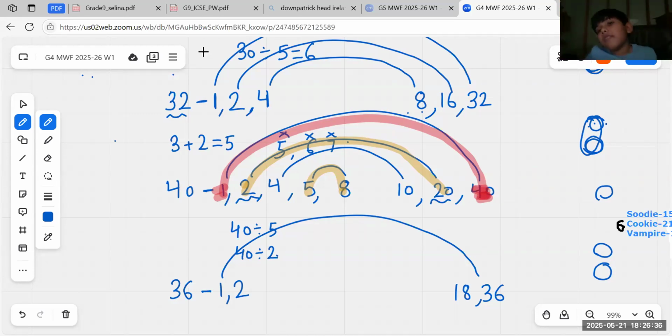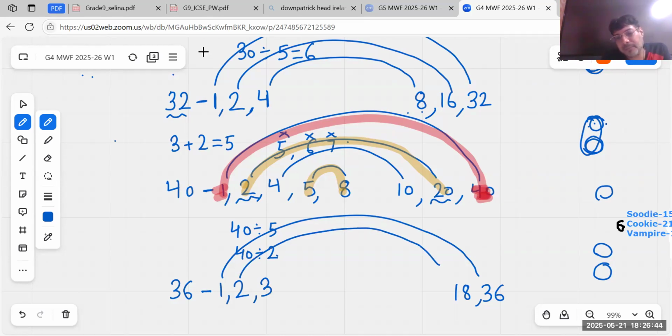Sir, the next factor is 3. And what will I get free with 3? Sir, 12. 12. What will be the next factor?